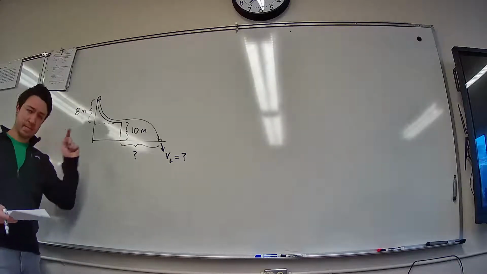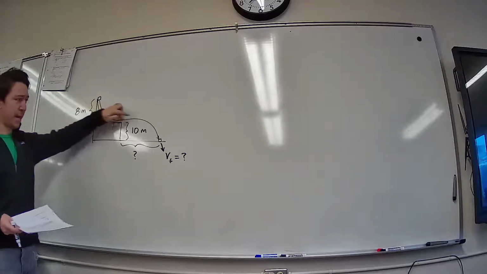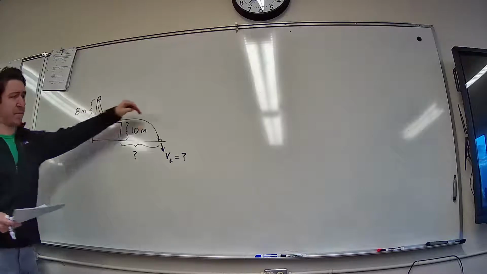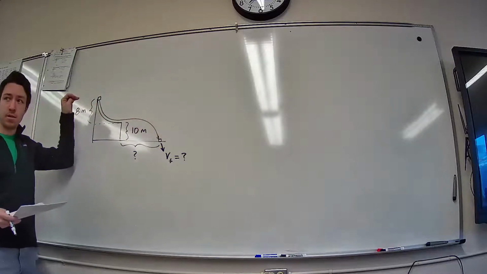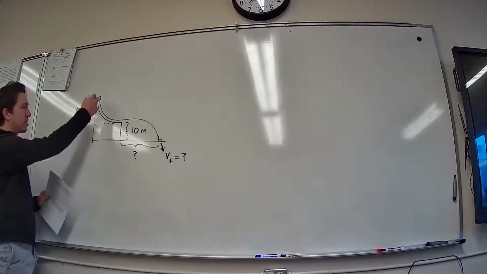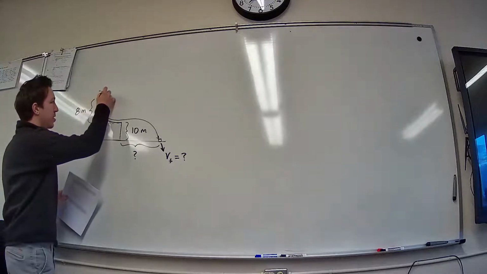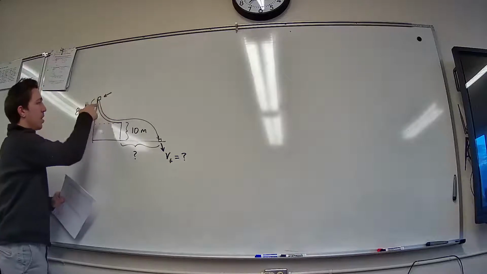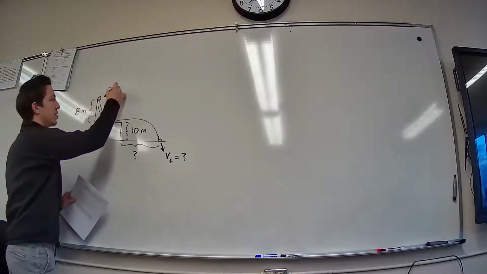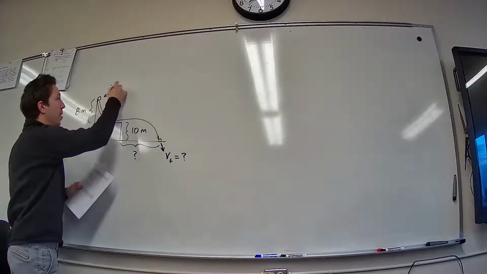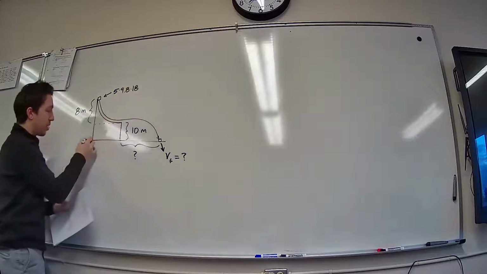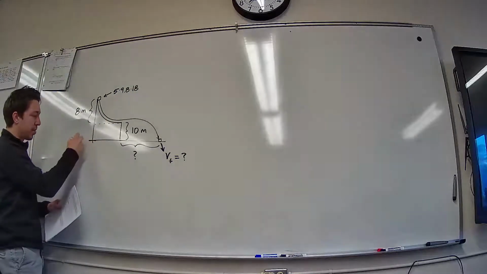This is the beauty of energy. This is a complicated path, right? Because this could be like a circular path followed by a parabolic path. You could do some crazy vector calculus on that, but we like to use energy. So we say, how much total energy is in the system here? What's his total height? 18. So it's going to be mgh. I'm calling the ground a height of 0 meters.